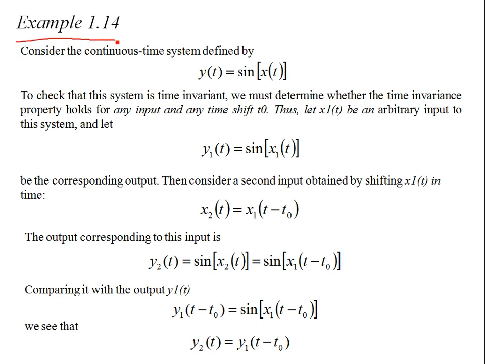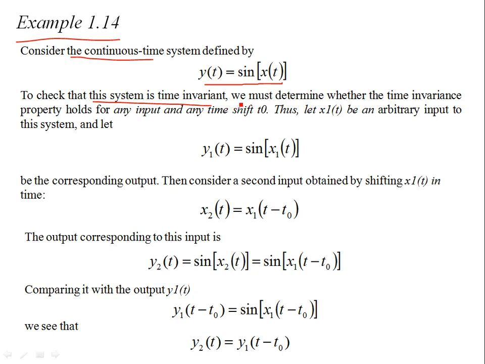This is example 1.14, and it considers a continuous time system defined by y(t) equal to sine of x(t). The sine function takes a time varying signal x(t) as its argument. To check whether the system is time invariant, we follow the same procedure.